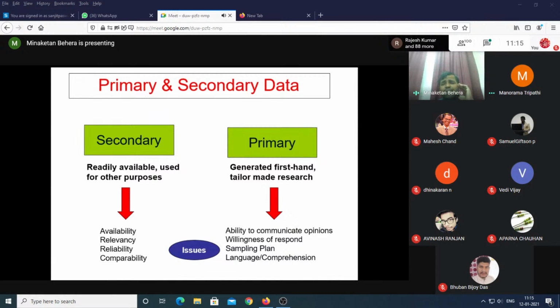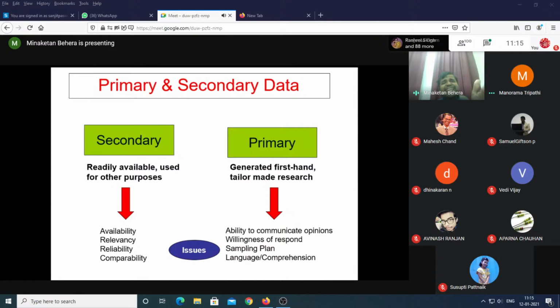It is my request to everyone, students and teachers: you may work 90% on the secondary literature, but at least for one chapter, some sample, do a field survey.